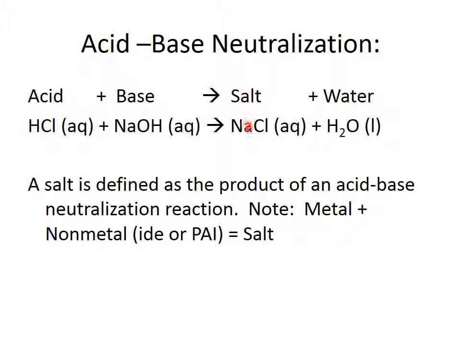A salt we define as the product of an acid-base neutralization reaction. A salt is often made from the front of a base combined with the back of an acid to give you a metal with a non-metal. That's why we also define a salt as a metal with a non-metal.